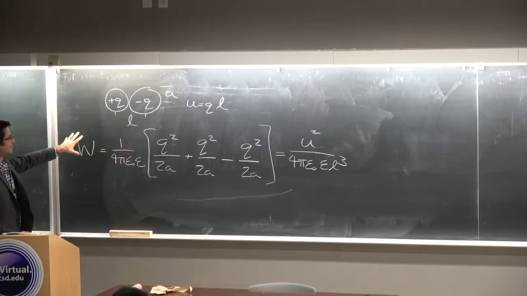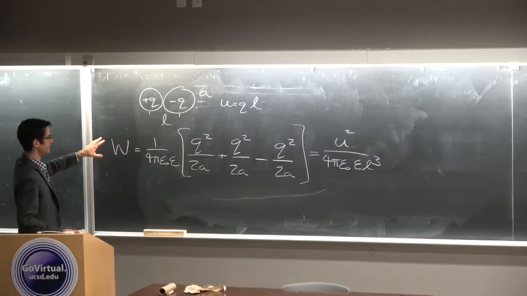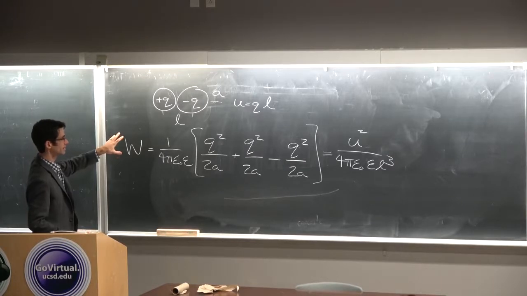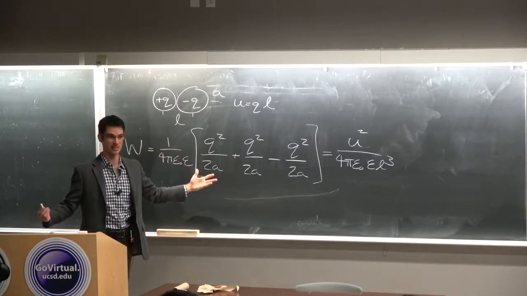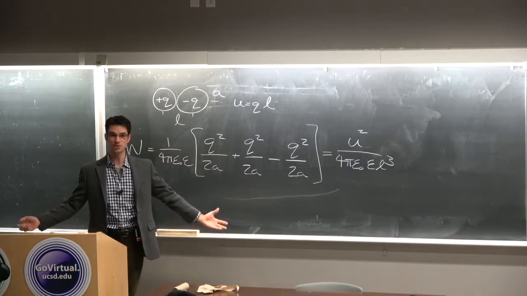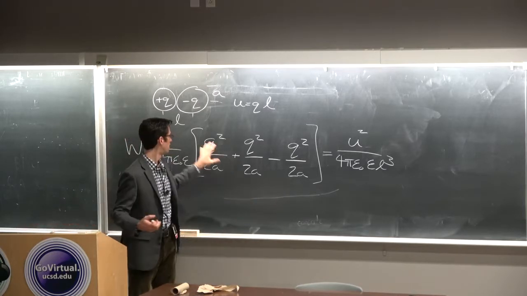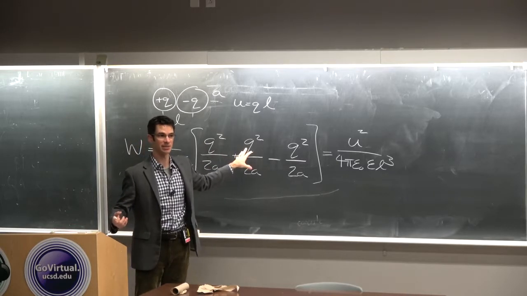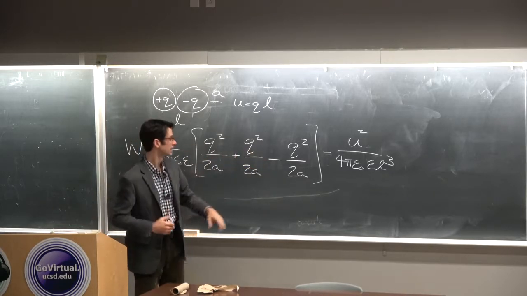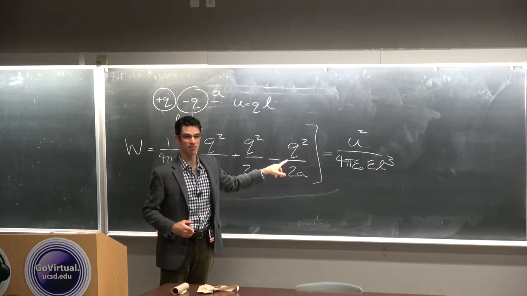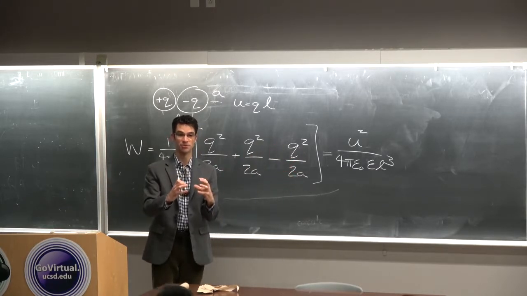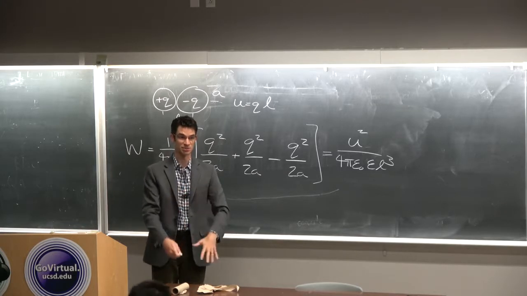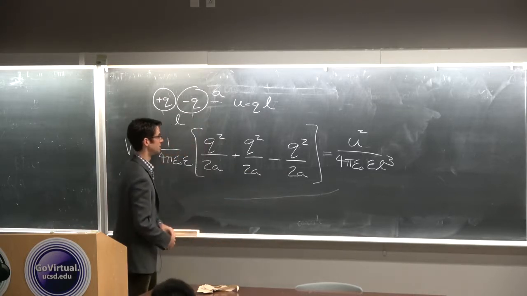If we look at the self-energy of the system, the work done to create this system is equivalent to the electrostatic self-energy. First, we have two unfavorable positive contributions due to the fact that we created these two charges. Then we're lowering the potential energy because two of these charges have been brought together from an infinite distance.